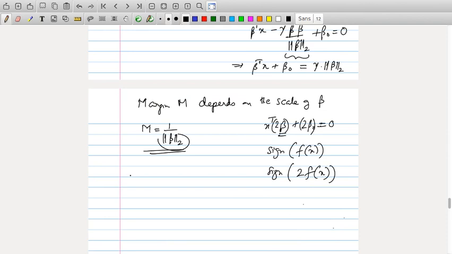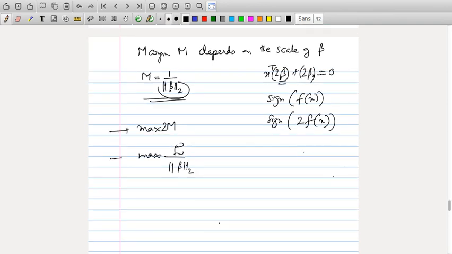We just substitute the value of M into the other setting, where there was a maximization over M. That changes to maximization of 2M, so that becomes maximization of 2 over norm of beta. I'm not writing the constraint; the inequality becomes this.